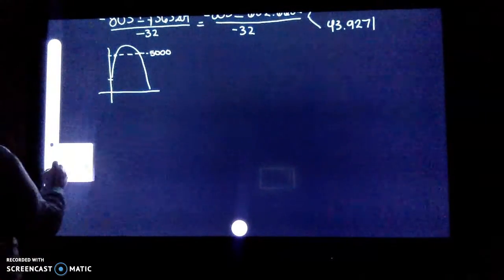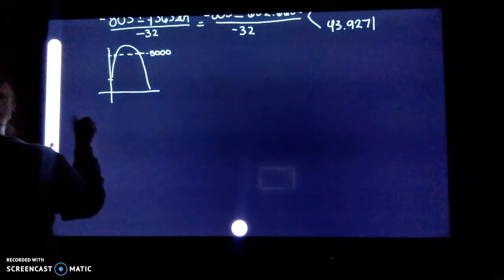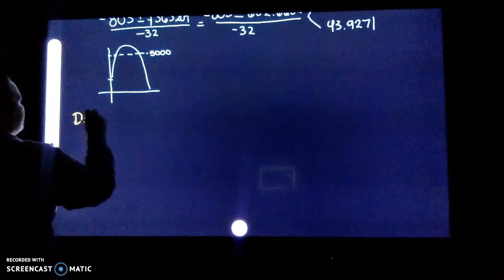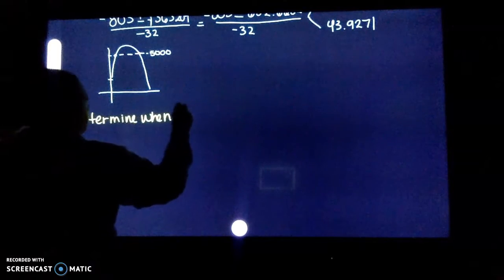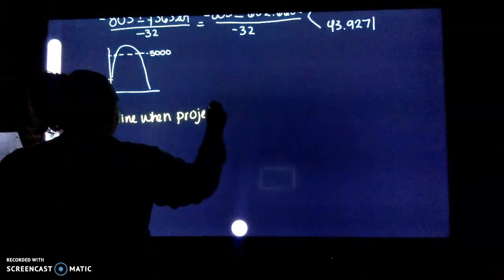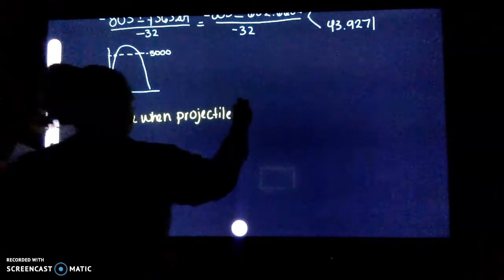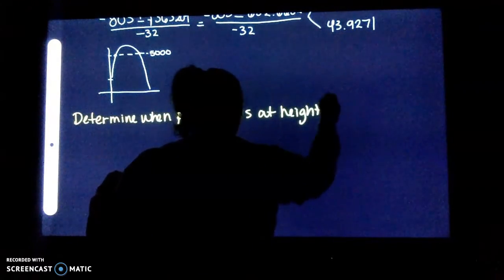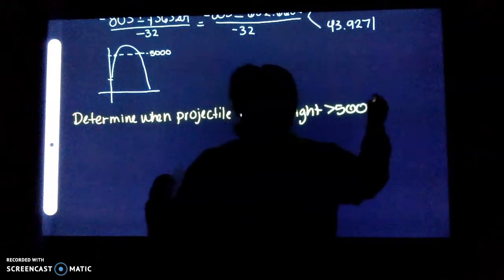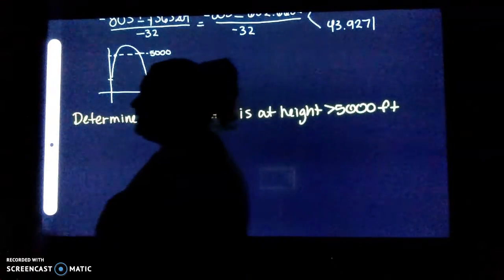Part B then is going to kind of go off of this graph. Part B is asking us, determine when the projectile is at a height greater than 5,000. Well, we already did all the hard work.